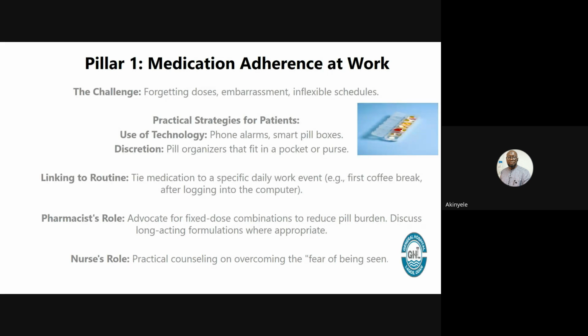We can encourage them to go for those ones so that there will be less disruption with their work. And then in terms of counseling on the fear of being seen, the nurses can come in here and help provide practical counseling on how they can overcome the fear of being seen at work.